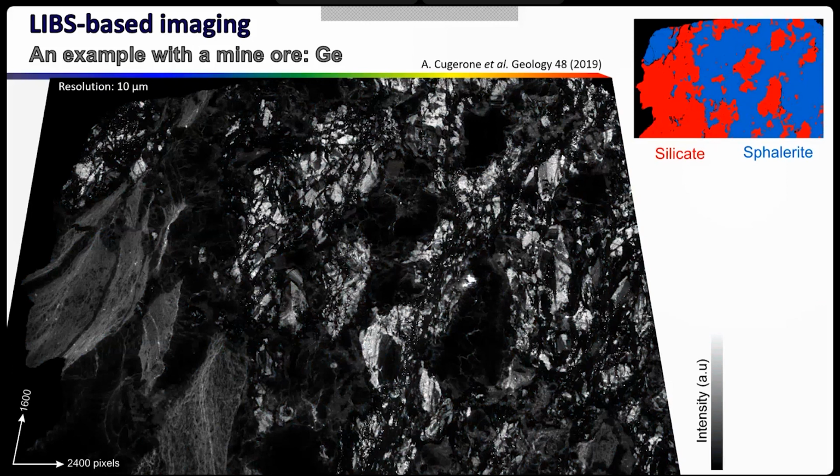Why? Because as I said, you have 2 mineral phases, the sphalerite and the silicate, and here you have the germanium map. This is not a true map, because, remember I told you about matrix effects. We will not have the same germanium signal for a similar concentration in both matrices.